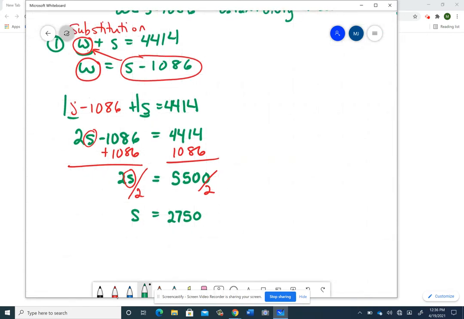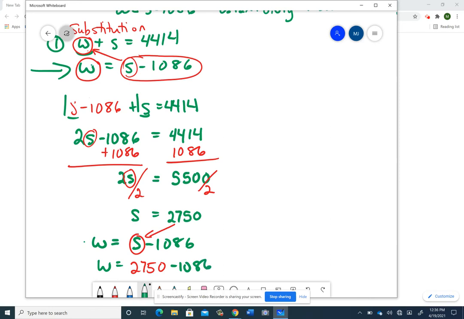All right, now we're solving a system, so we're supposed to get both pieces. So what I'm going to do is go back to that equation because that would be the easiest one since the W was by itself. Let me just write it down first. And then right there where the S is, I'm going to put 2750. So W would equal 2750 minus 1,086.